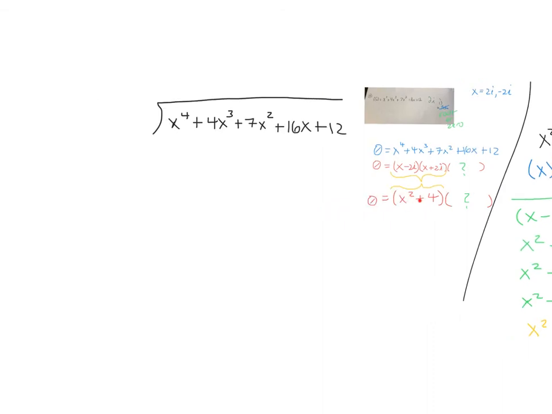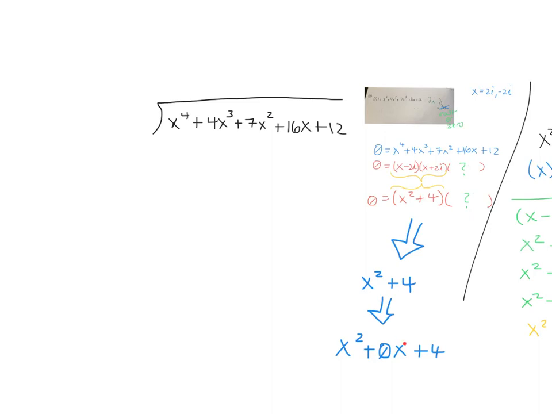Now when we write x squared plus 4, we want to make sure that that's written in a way that will allow us to do long division. The truth is that x squared plus 4 could be rewritten as x squared plus 0x plus 4. Now, in the same way that we demanded that this polynomial has every possible exponent in descending order represented, well, we have to do the same thing here.